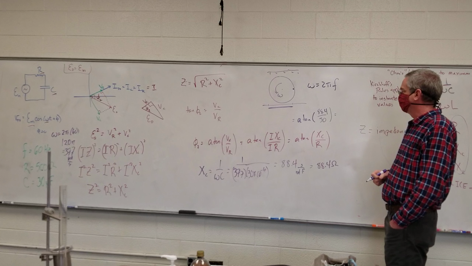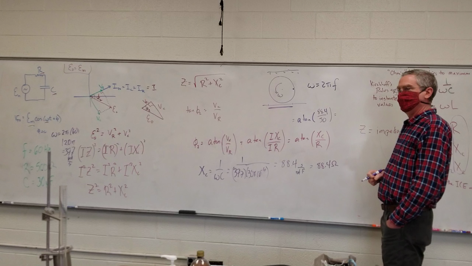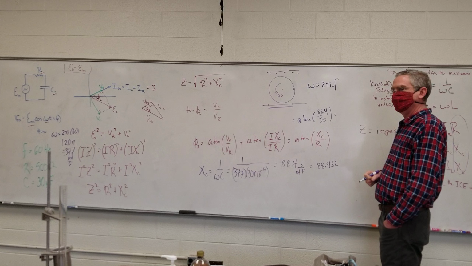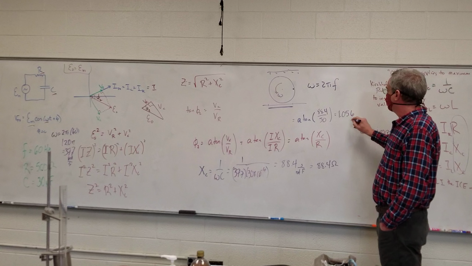That is arctan, right? It is. I got 1.056. I got 60.5.